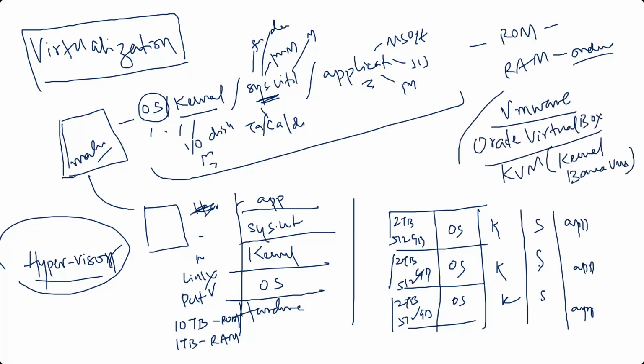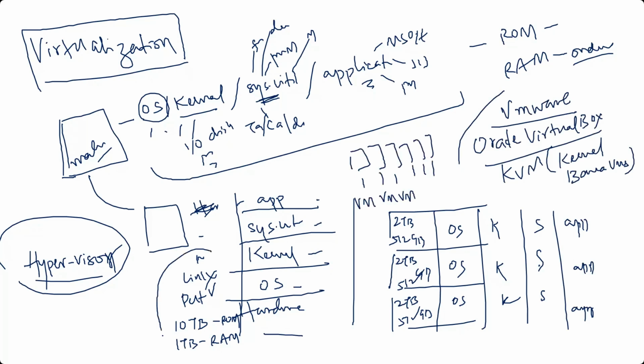What this software does is you supply the hardware, operating system, kernel, utility, and app. It will create copies, instances of that machine, and we can call them virtual machines. Okay. So your physical machine has this configuration in RAM, ROM, and chipset. Your virtual machine will have a piece of that chipset, a piece of that hardware and software.